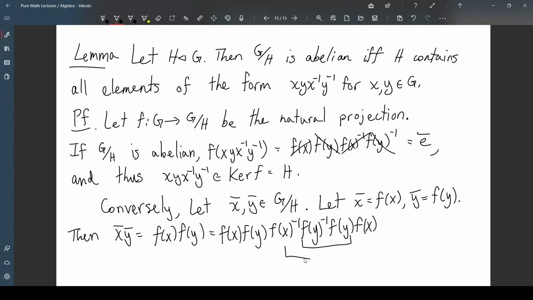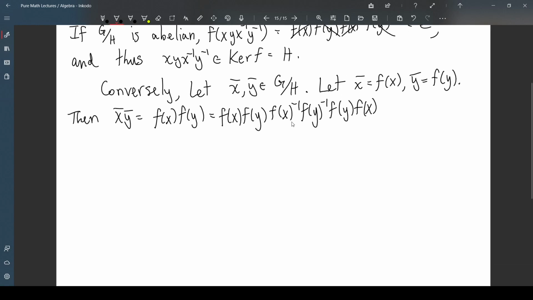Okay, so here I've just multiplied. This is the identity, and then that cancels, and then you have the identity here. So these two things are equivalent. And now we can write this as f of xyx inverse y inverse, times y bar, x bar.